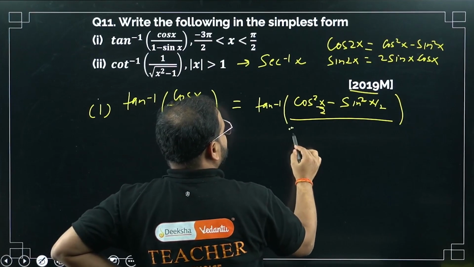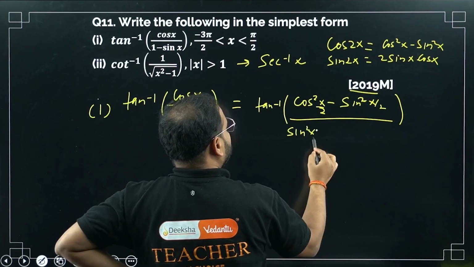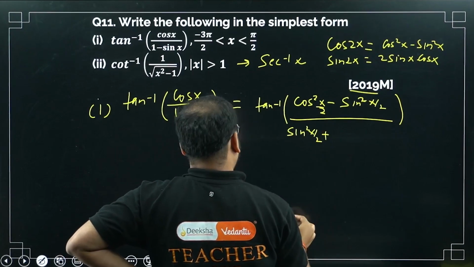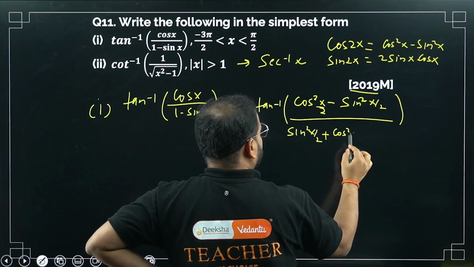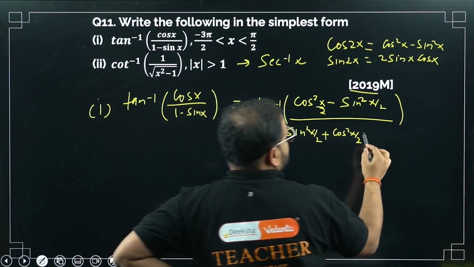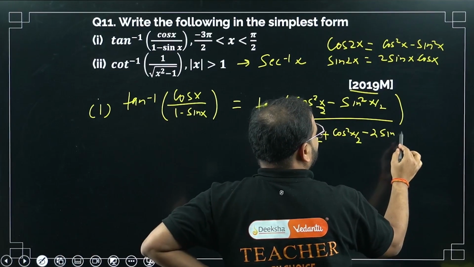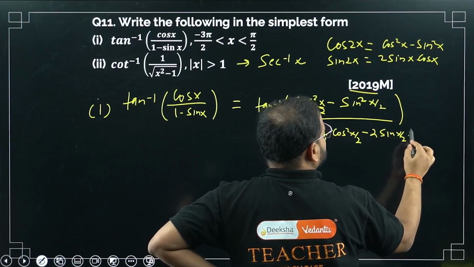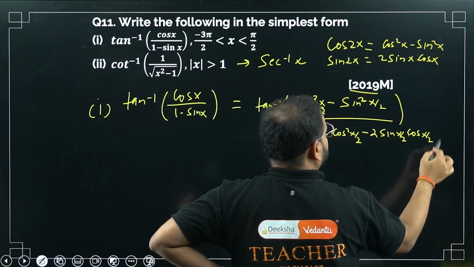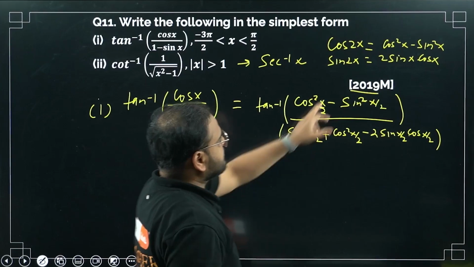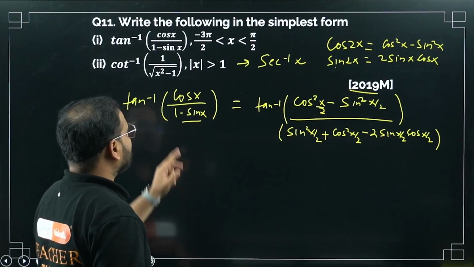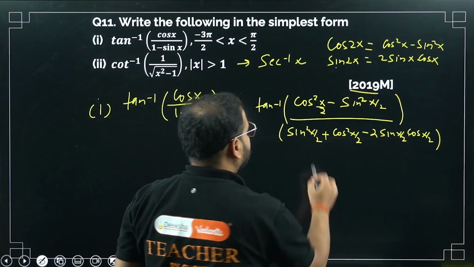I can write it as sin square x by 2 plus cos square x by 2 minus 2 sin x by 2 times cos x by 2. From where? Sin 2x will come over here for sin x, and for 1 I'm writing sin square plus cos square.